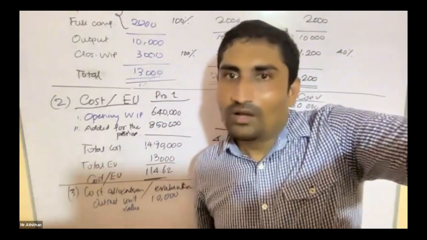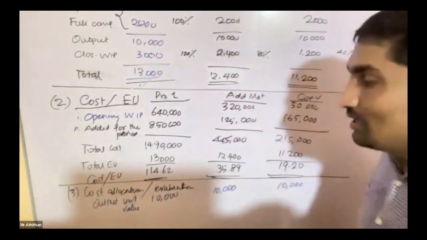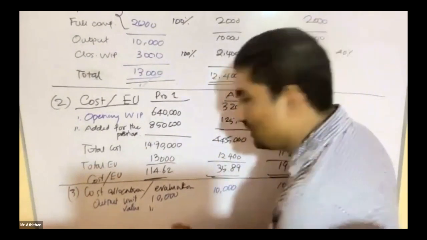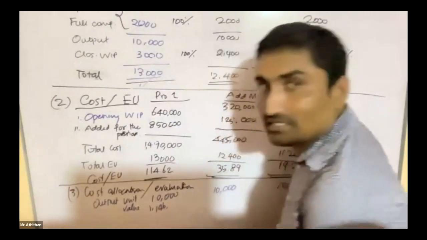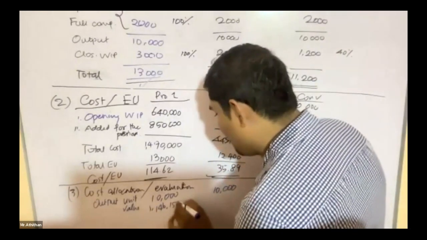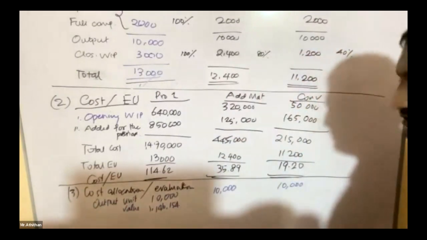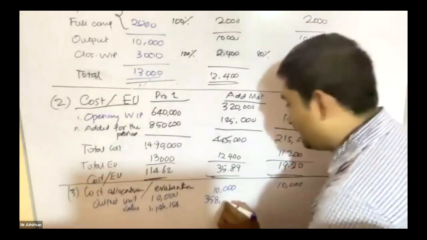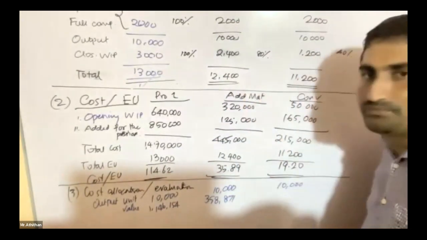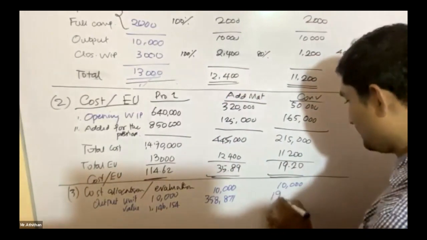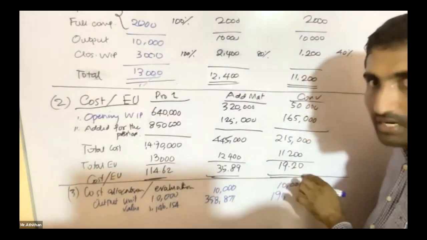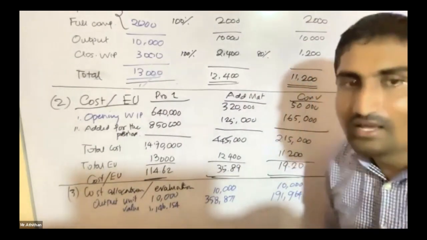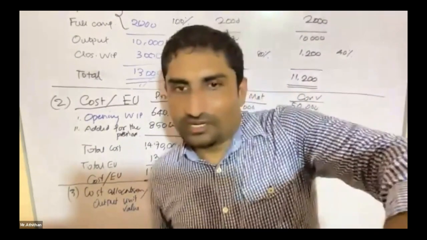So we will understand, right? 1,146,154. Right. 358,871. 191, the decimal adjusted, 191,964. So this is the output valuation.